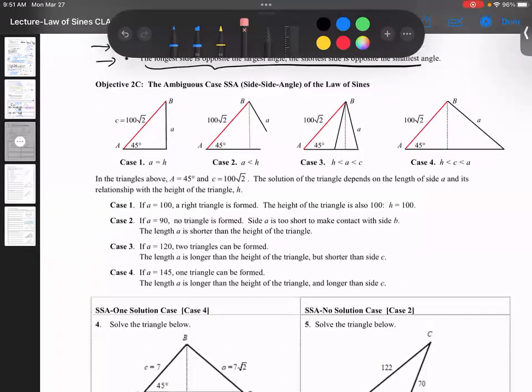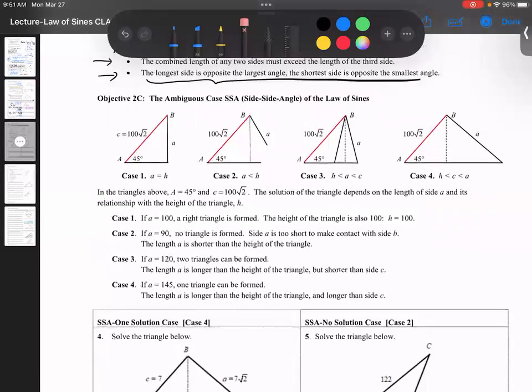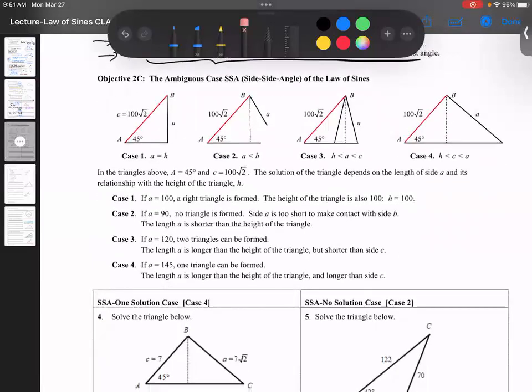All right, so the ambiguous case. If I'm given two sides and one angle, called side-side-angle, of the law of sines. For case one, that's easy. If I look at the right triangle right there, if A is 100 units, then you're going to form a right triangle.